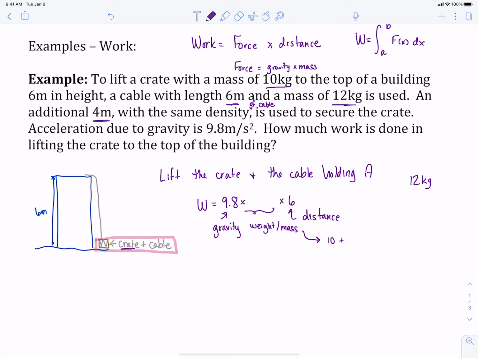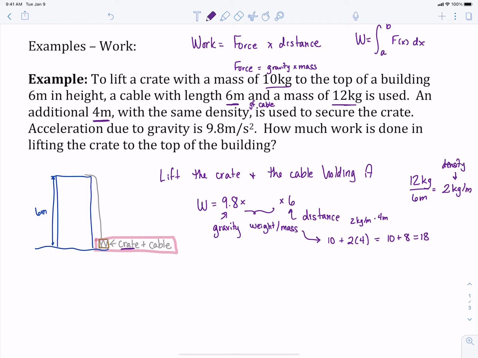So that 12 kilograms, 6 meters, that's 2 kilograms per meter. That's the density of our cable. So we used 4 meters of that. So this is 2 kilograms per meter times 4 meters. The meters are going to cancel out and they're going to give us that cable is 8 kilograms of mass.